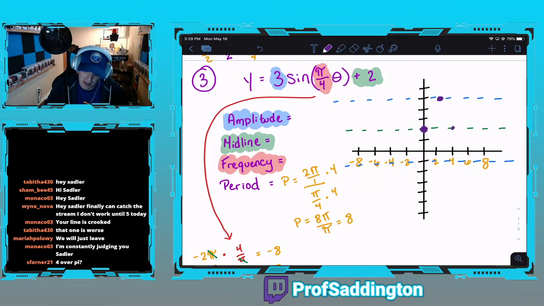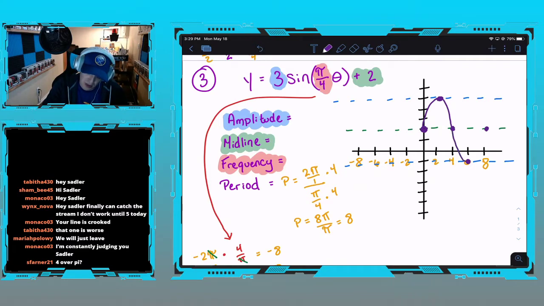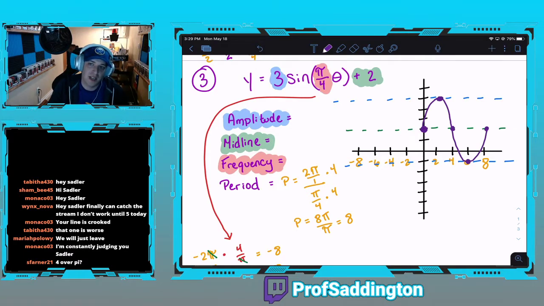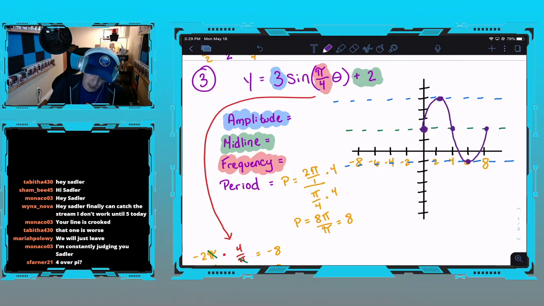So I'm going to go back to the midline, and then I'm going to go to the bottom of the range, and then work my way back up to the midline. If we did it correctly, it should kind of sort of look like an S. And then you guys just have to do the same thing to the other side. So instead of going up on the other side, since we're going to the negative side, we're really going to be going down and working our way back up.